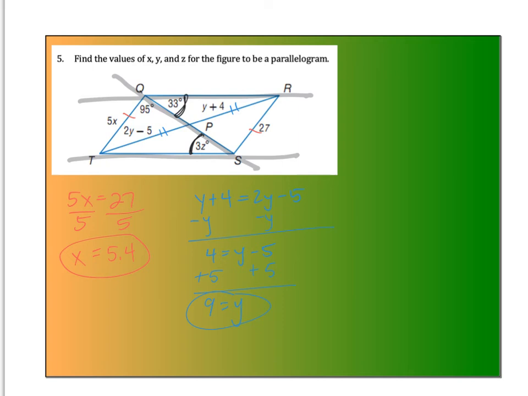And if the lines are parallel, they are congruent. They're the same size. And the lines are parallel because it's a parallelogram. So what we can do is we can say 3z equals 33. Divide by 3, z equals 11.